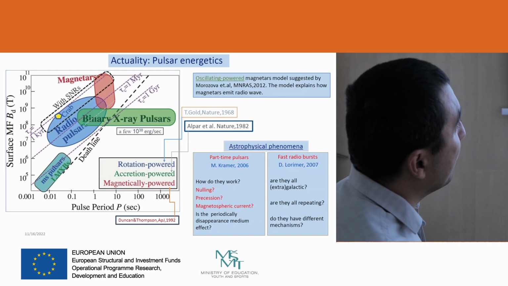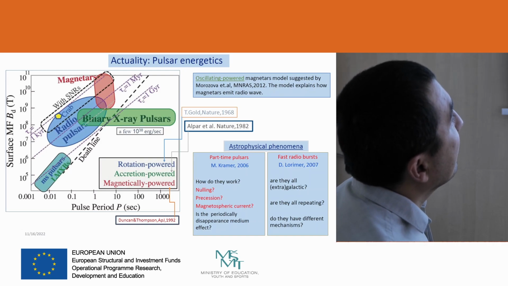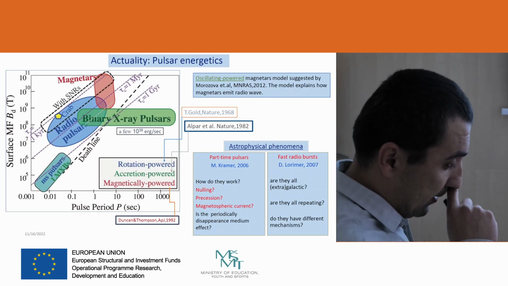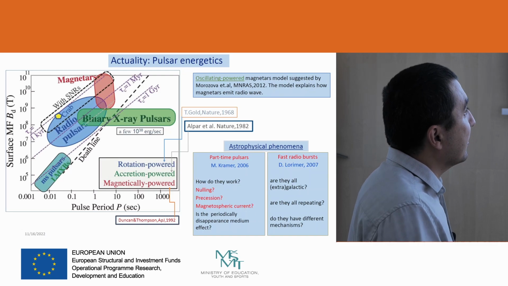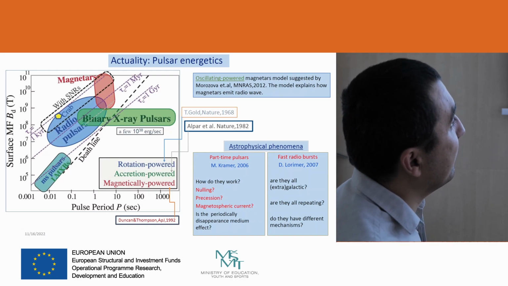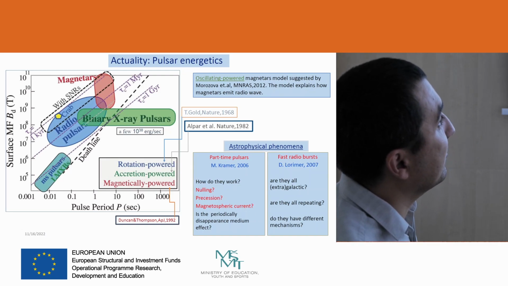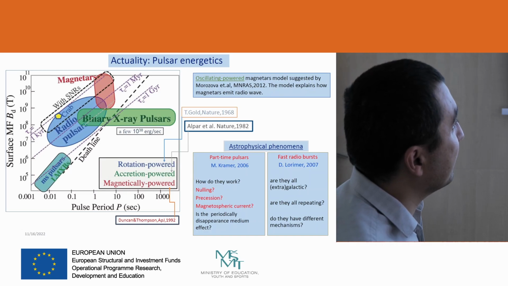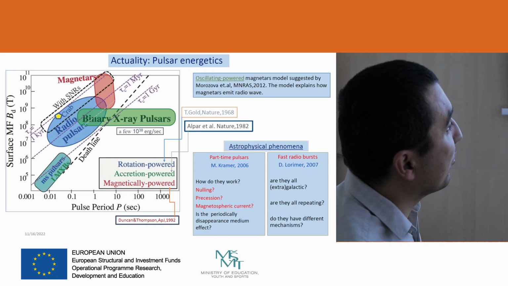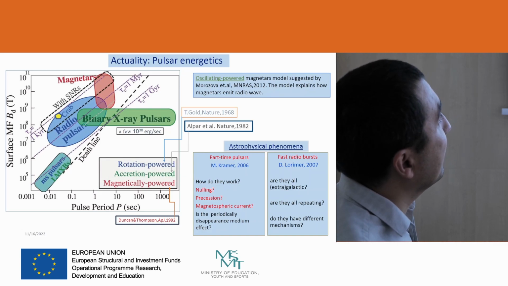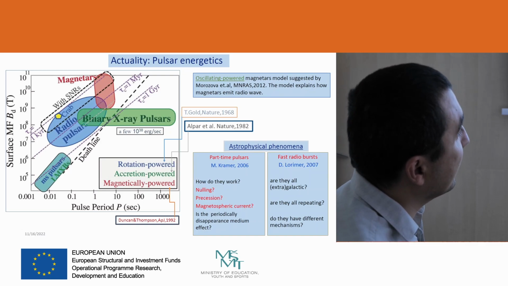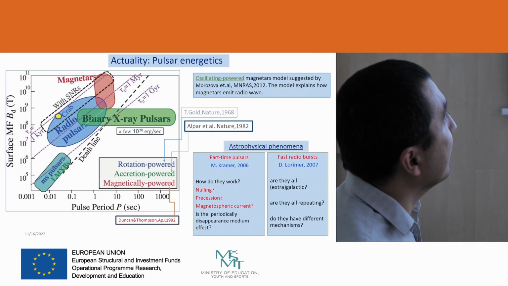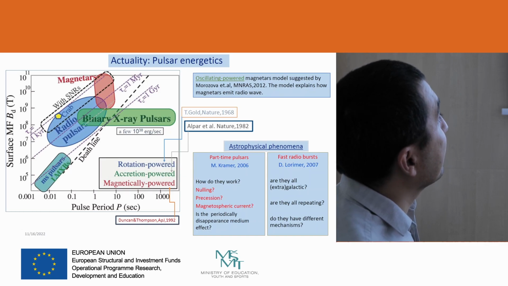Here are some more energetic source models for pulsars. For example, the rotation powered model came first, and the accretion powered model was also suggested for binary X-ray pulsars, and the magnetically powered model was suggested by Duncan for magnetars.